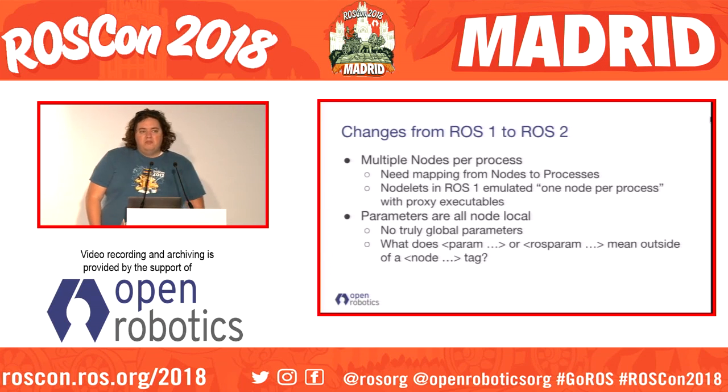As also mentioned before, parameters are a bit different in ROS2. We no longer have the notion of a global parameter space. We can still have a node that you can call the global parameter server that anybody can read and write to, but we don't have a master that holds the parameters. So those are things we have to change.